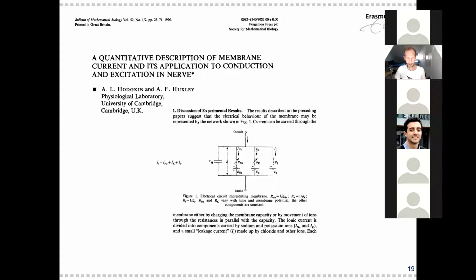But this paper, which was not, by the way, from 1990, this is a reprint from 52, is the paper that gave Hodgkin and Huxley their Nobel Prize, and is the paper that tried to capture the biology of the action potential in a mathematical physical model for simulation.